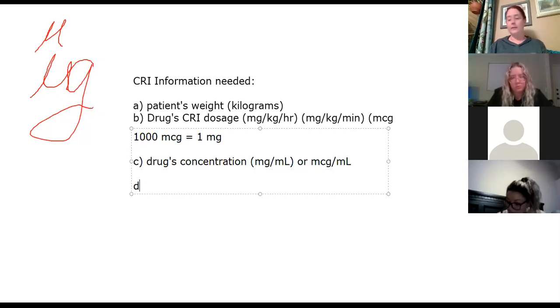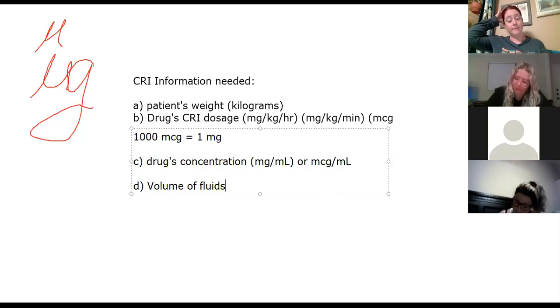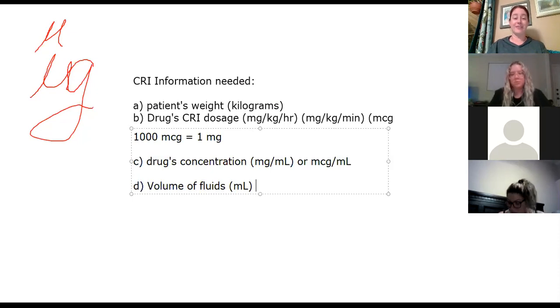All right, and then D, we sure have a whole bunch of these. We need our volume of fluids. So how much is in our fluids bag? And this will need to be in milliliters. They may give it to you in liters.